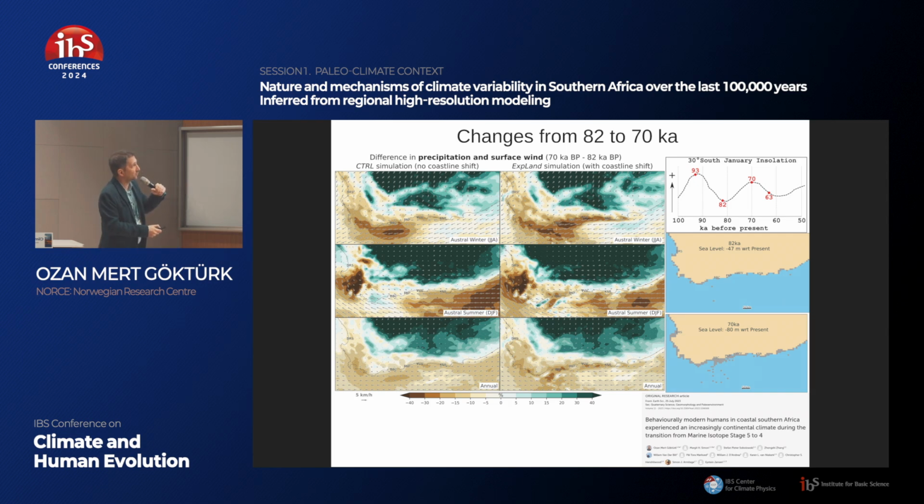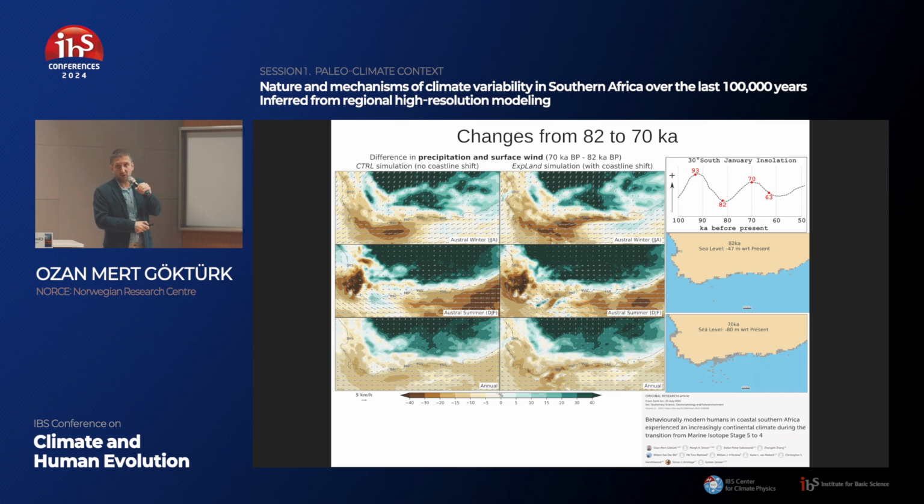And as you see, if you just pay attention to these two on the left-hand side, when you exclude the coastline change from your analysis, then you don't have any signal on the coast, but still in the interior, because of the precessional change, you get the increase in precipitation.